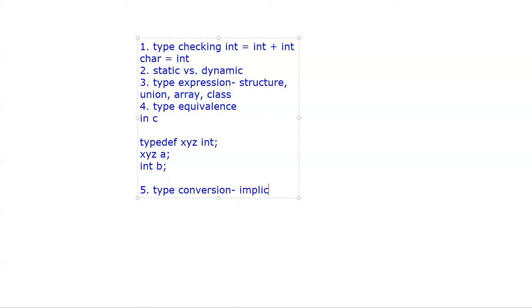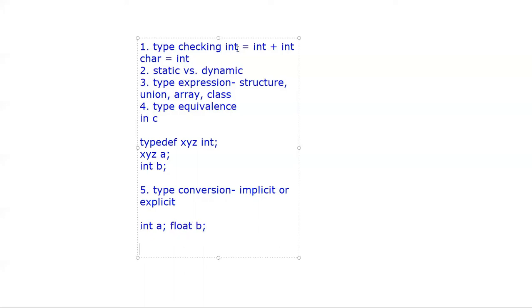We have already seen implicit type conversion or explicit type conversion. Now, what is the meaning of type conversion? Suppose I'm writing integer a, and there is one more variable, float b.